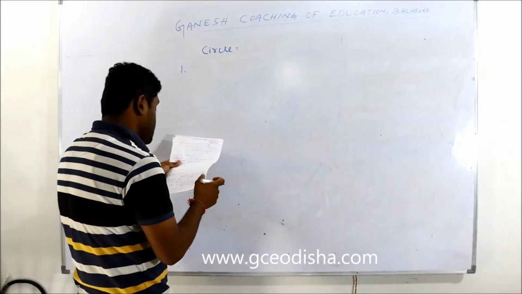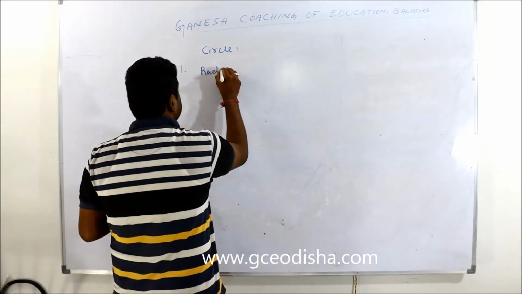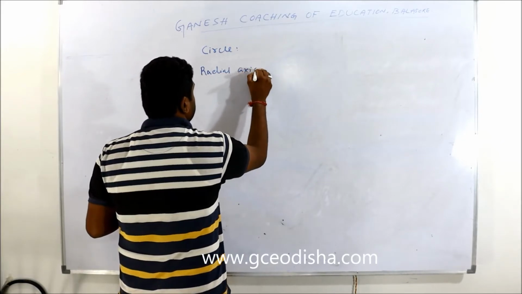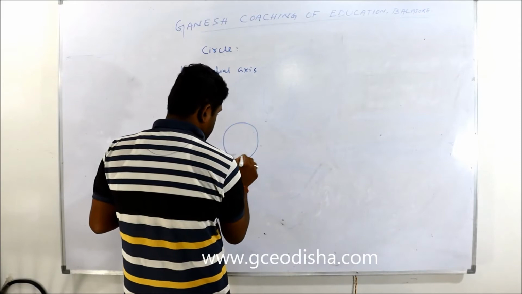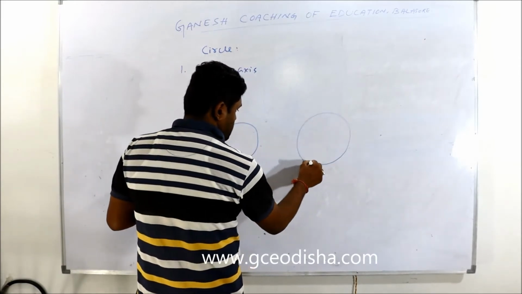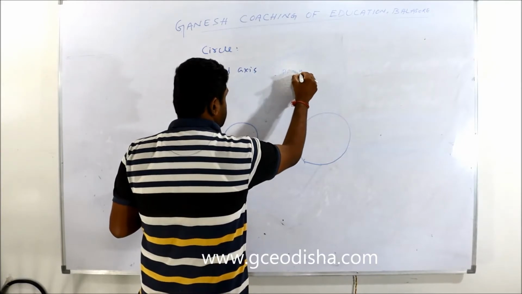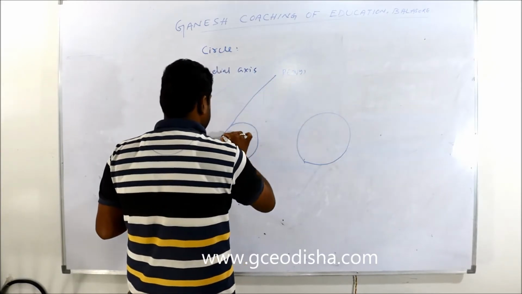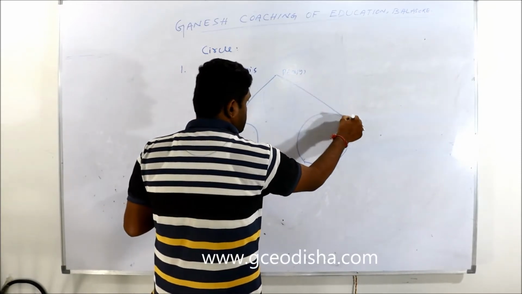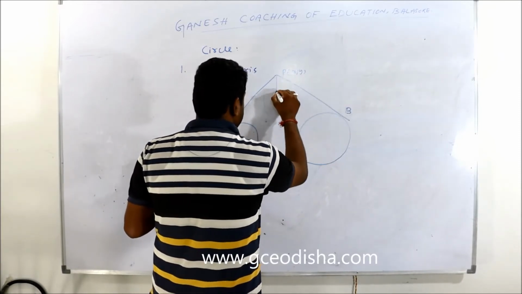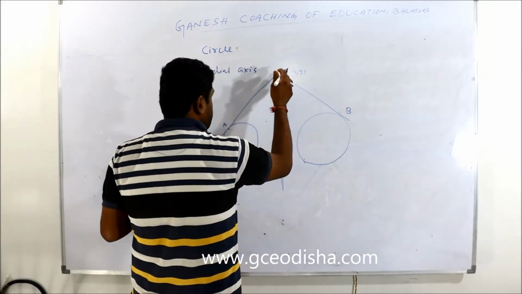Then another concept is there, radical axis. Okay, what do you mean by radical axis? Like this is one circle, this is another circle. Okay, like the point P(x, y), when you draw a tangent to point A and draw a tangent to point B, this is the radical axis.